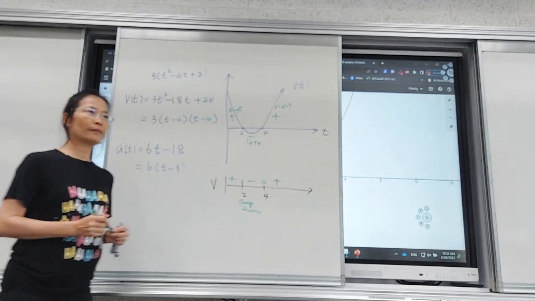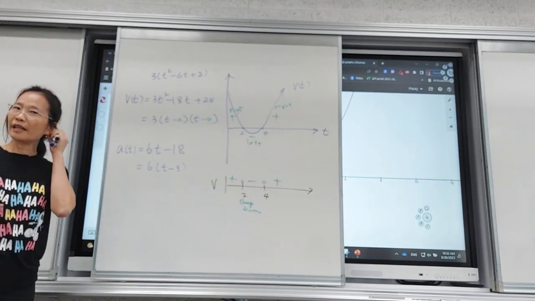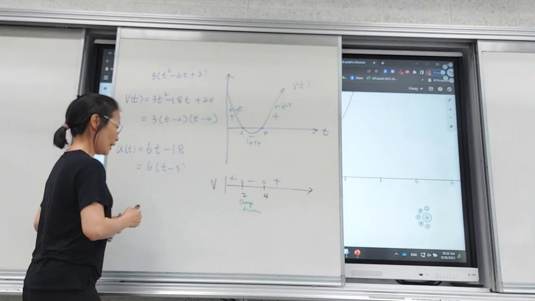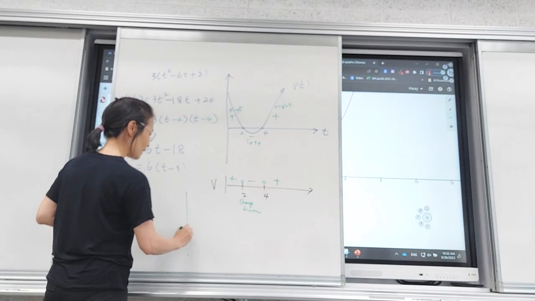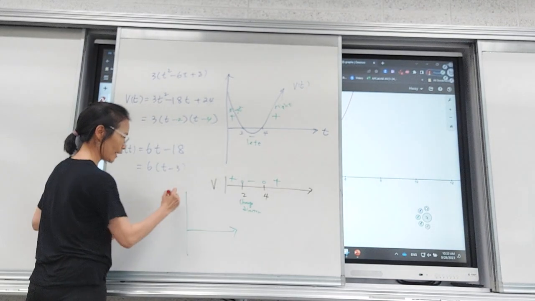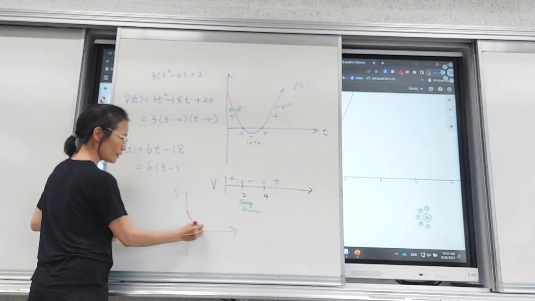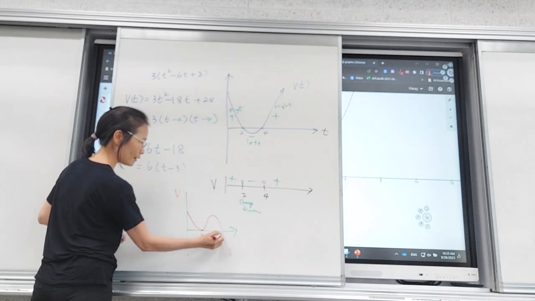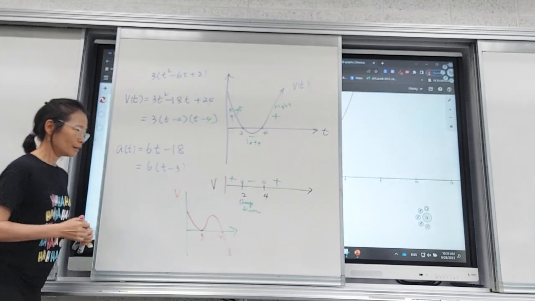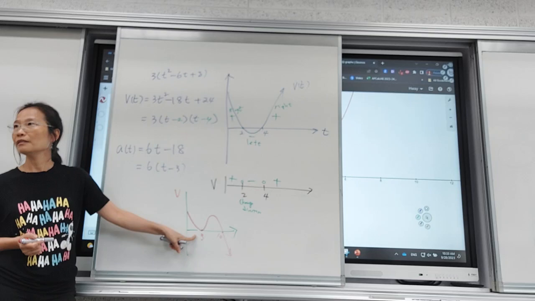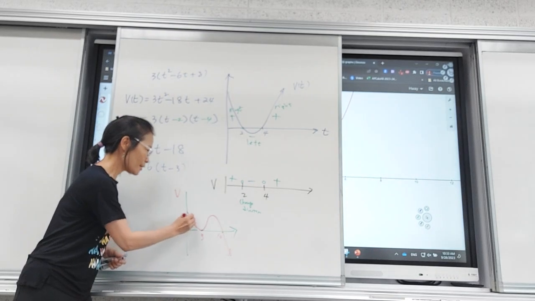Okay, change direction. It's not necessarily that velocity is 0 and the particle is changing direction, because if I have a velocity function that looks like this, velocity positive, 0, positive, see that? If this is 3 and this is, say, 10. At t equals 3, is the particle changing direction? Well, look at the sign. Moving positive, right?